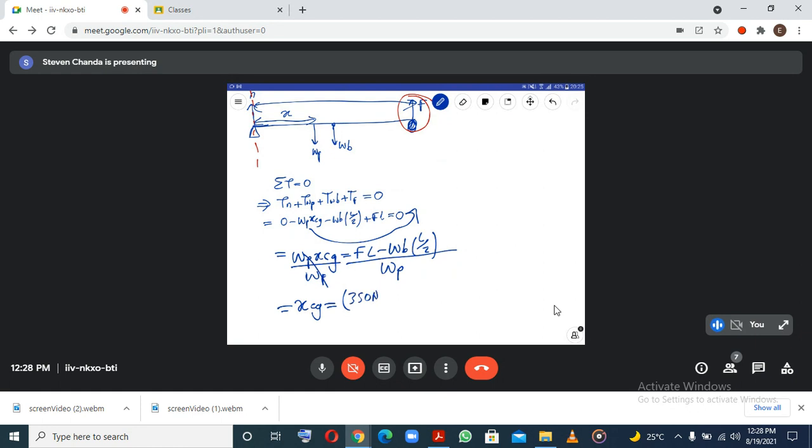Now you may have noticed that in this particular equation, they used centimeters and they were able to get the answer. But remember, to always be on the safe side, you would always want to use the SI units.